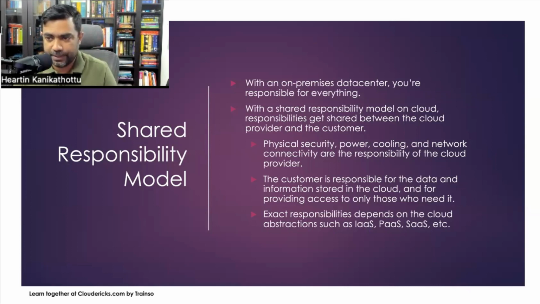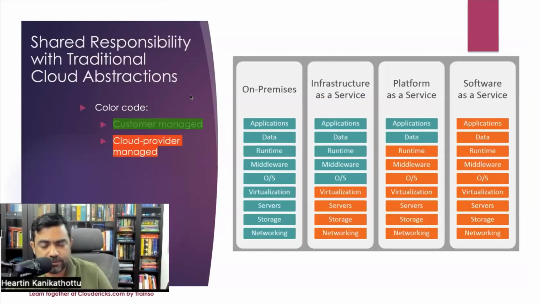Physical security, power, cooling, network, and connectivity are all the responsibility of the cloud provider. The customer is responsible for data and the information stored on the cloud and for providing access to only those who actually need it. But the exact responsibilities depend on those abstractions, IaaS, PaaS, SaaS, etc.